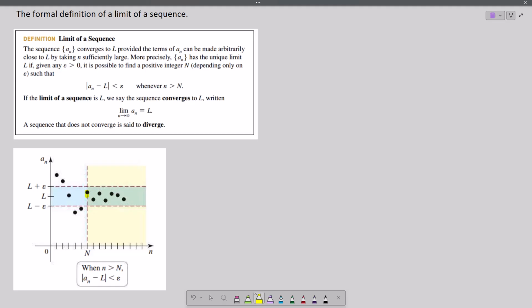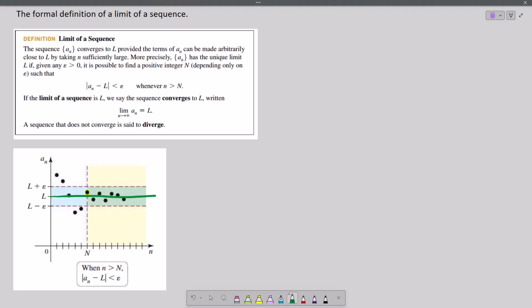And if that's true for every epsilon, if you shrink it down to 1/10, shrink it down to 1/100th, if you can go far enough out into the tail so that the rest of it is less than epsilon away, all the terms are less than epsilon from this horizontal line L, then the limit exists.